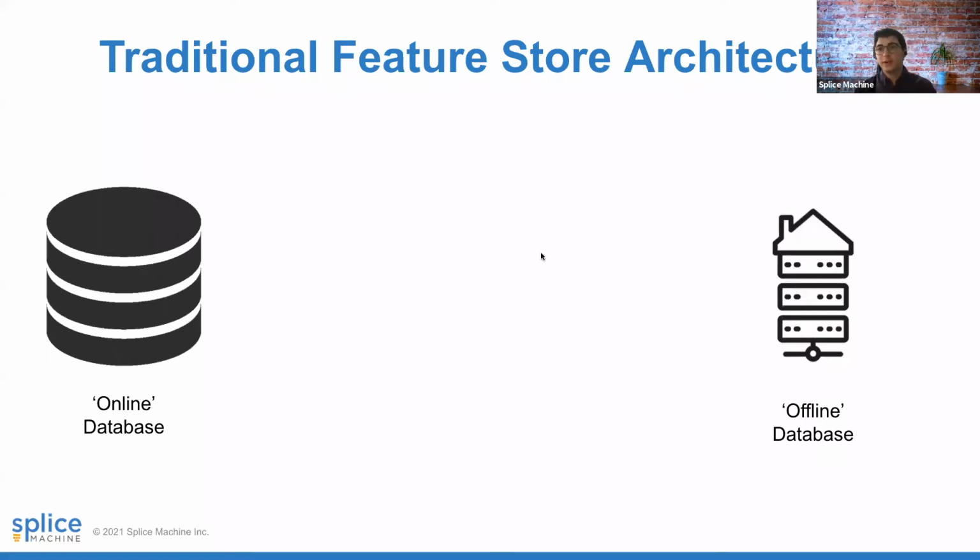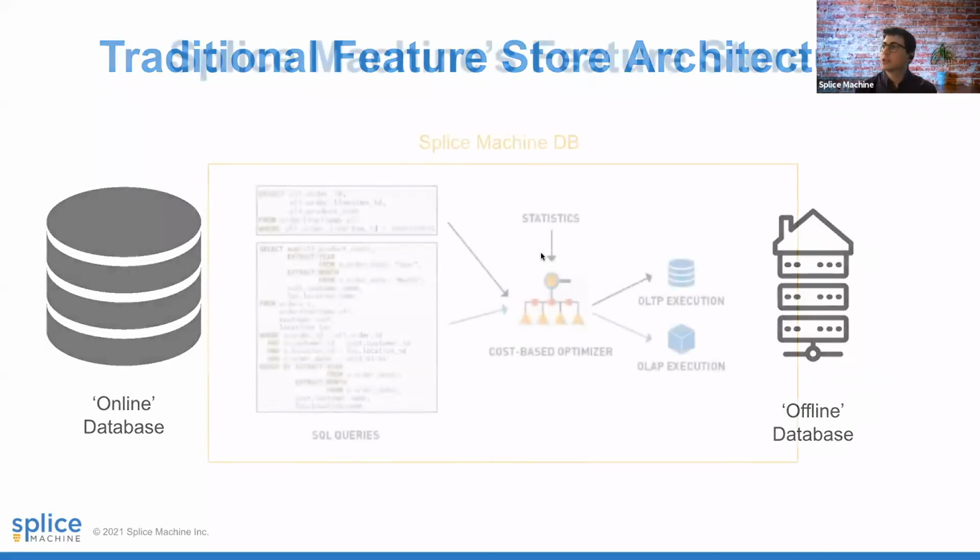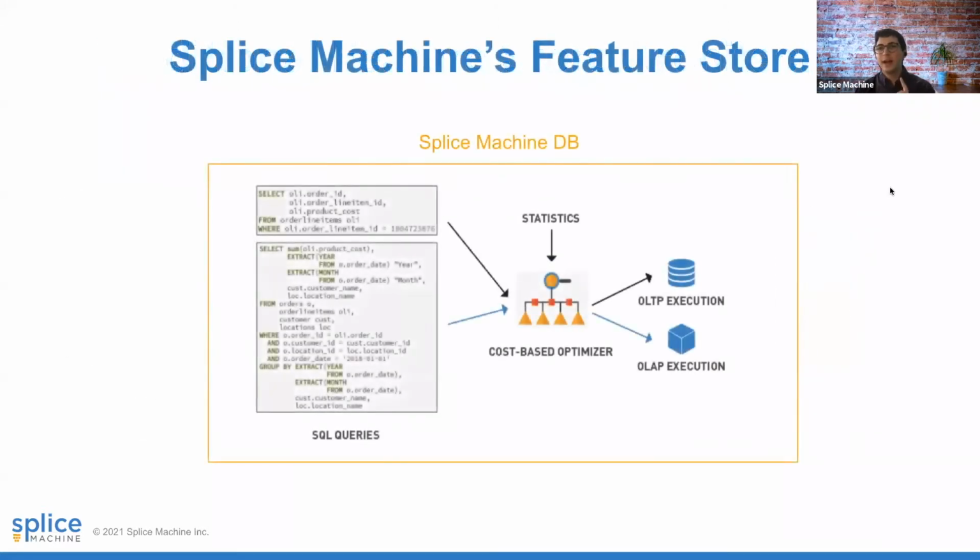Splice Machine's feature store takes an entirely different approach. We use a single hybrid database. Because data is stored just once in one location, you never have to worry about that online and offline consistency problem. How does Splice Machine's hybrid database work? We've all sort of been taught for as long as we've been involved in data analytics that it's an entirely separate process to do a quick primary key lookup versus a big batch aggregation.